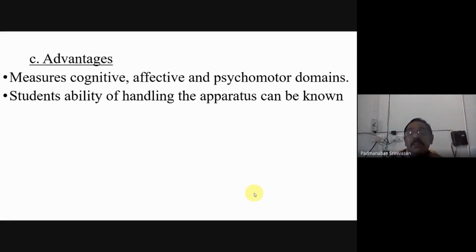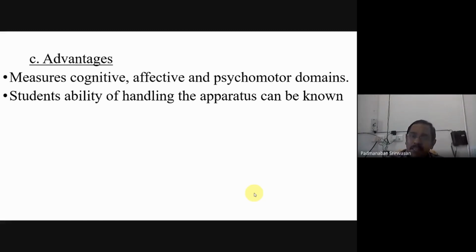And the third one we will be seeing is advantages. Even though it mostly measures the psychomotor domain, psychomotor is not a watertight compartment. We also need the cognitive and affective domains to execute our work. Whatever work we are doing, suppose you are listening and you have interest in the class.